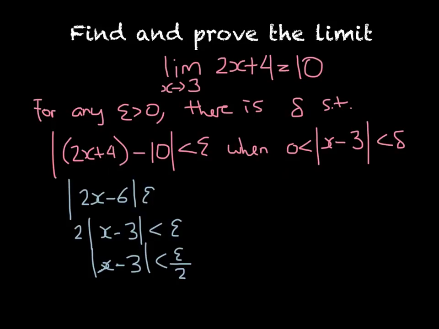And obviously absolute values are always greater than 0, so we can just go ahead and stick this in. And now look, we have an expression that looks very close to what we wanted, which means all we have to say is delta equals epsilon over 2, and our definition for the limit holds true.